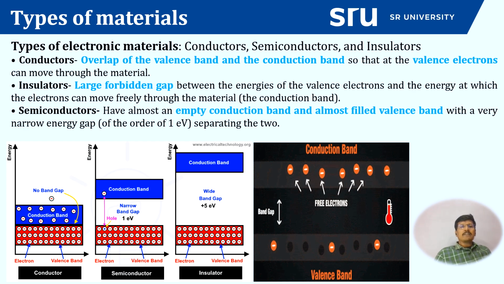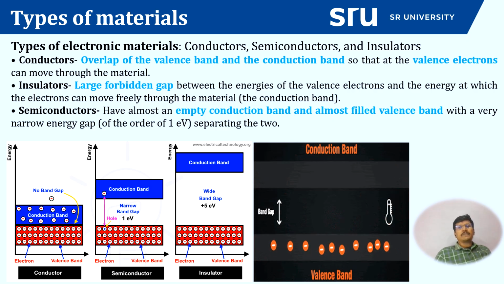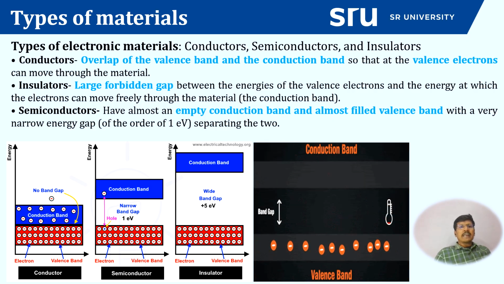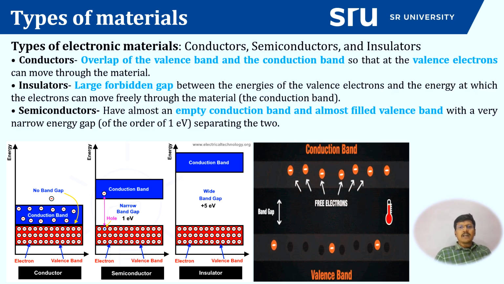The conduction band and valency band are separated with a large forbidden gap. Whereas in semiconductors, the small energy band gap is approximately 1 electron volt. The small energy gap allows electrons to move into the conduction band under suitable conditions.